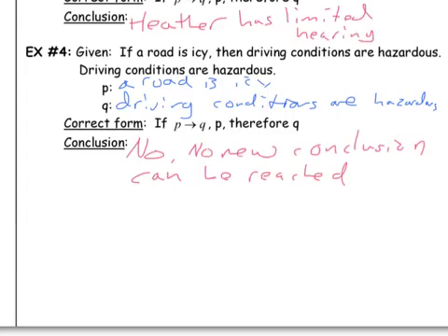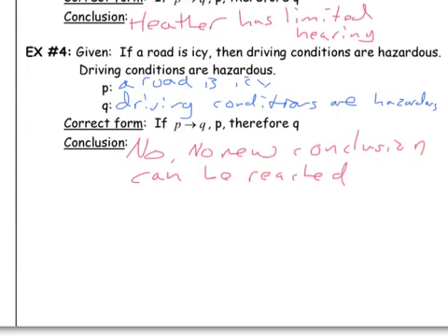There could be a bus full of clowns that spilled all over the road, who knows, right? So we have to understand that we can only make a conclusion if they give us a specific example of the hypothesis, not a specific example of the conclusion. So that's the law of detachment: a general statement, specific examples.